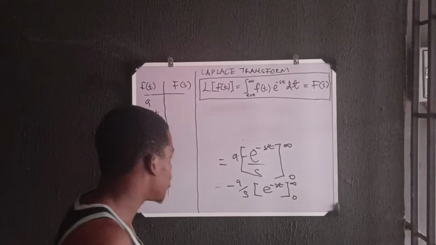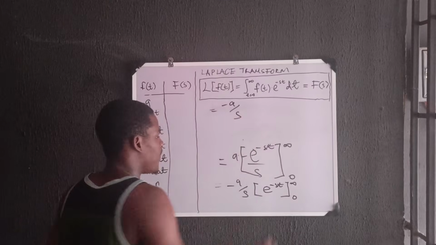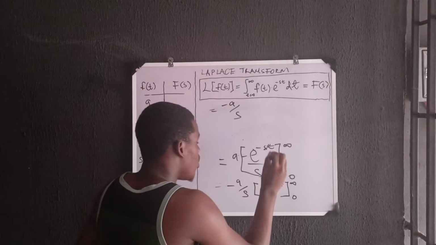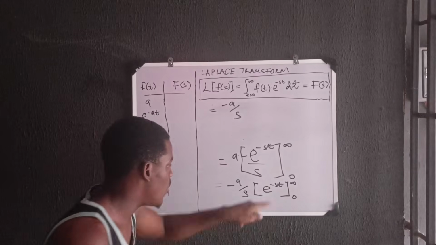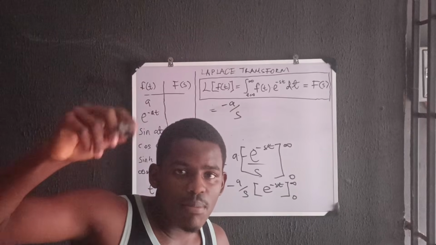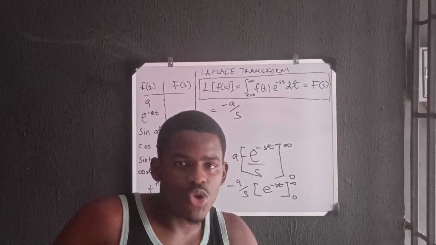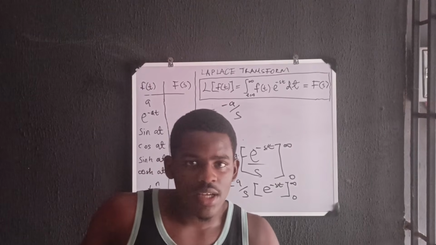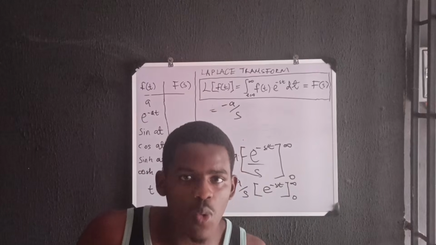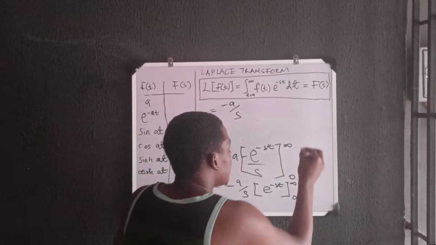I hope you're following. So now what I'm going to do is this. Where t is infinity, e power minus st becomes e power negative infinity. What are you going to get? E power negative infinity is 0. Note this.